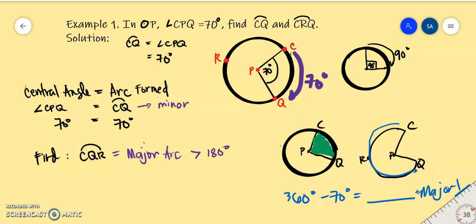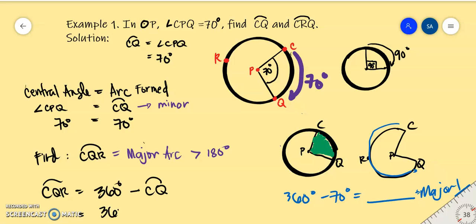So, by formula, we can say that our solution here will be arc CRQ is equal to 360 degrees, so that's the measure of the full circle, minus arc CQ. Okay? And kanina, nahanap na natin yung measure ng arc CQ, which is 70 degrees.